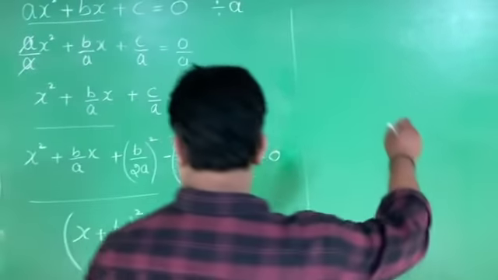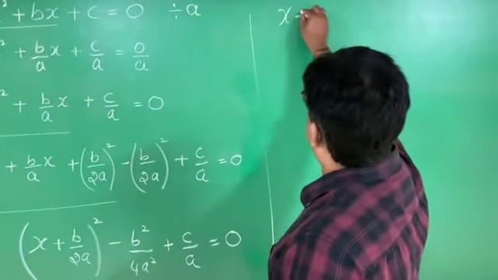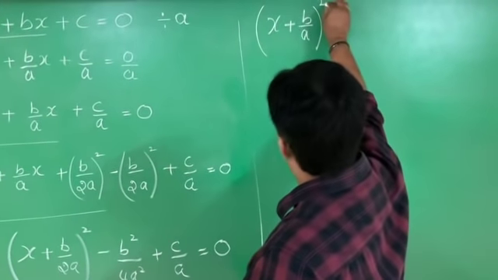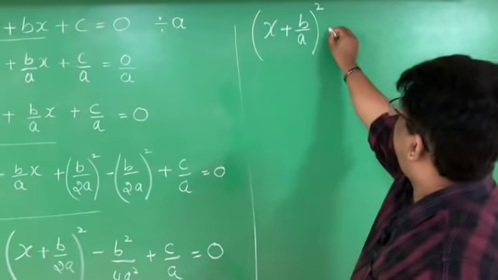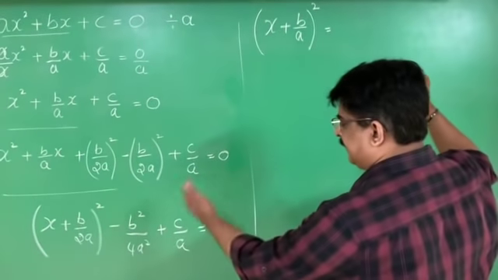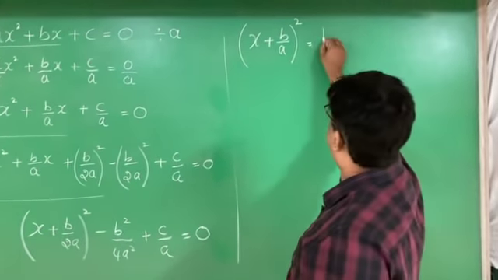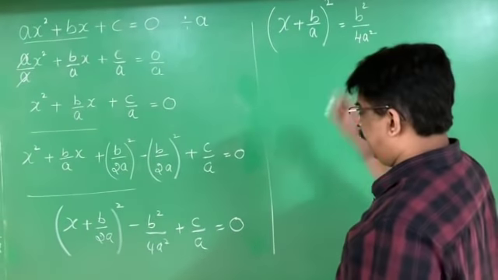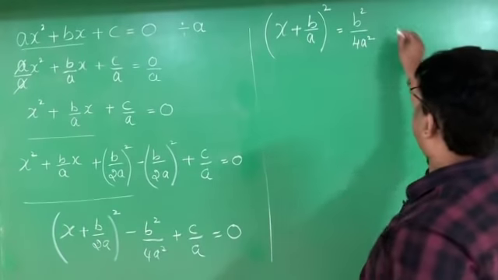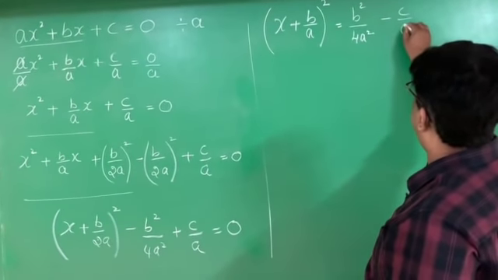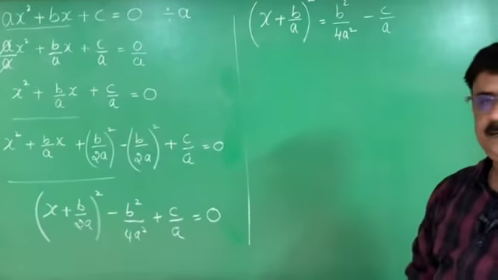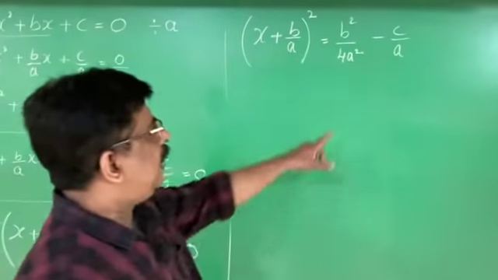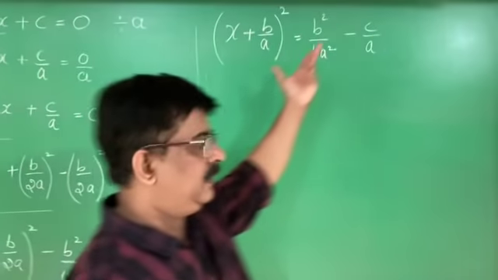Then it becomes x plus b by 2a whole square, which is equal to minus b square by 4a square, which becomes plus b square by 4a square, and plus c by a transferred to this side means minus c by a. These two constants are transferred to that side. Now I take the LCM and simplify.